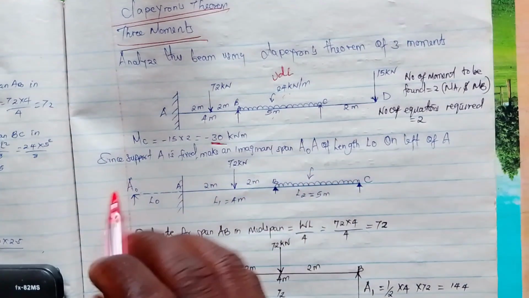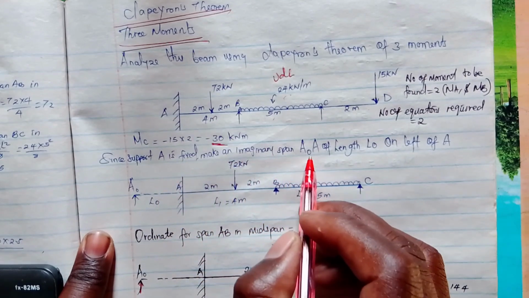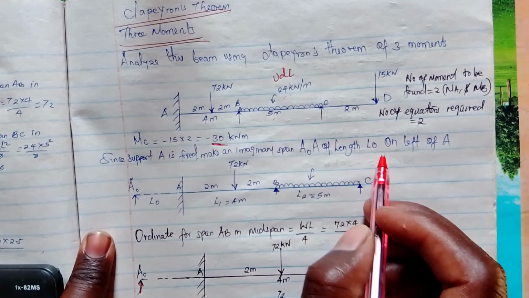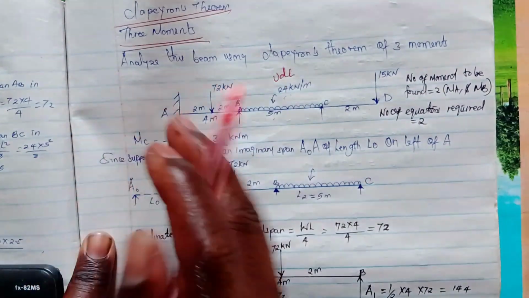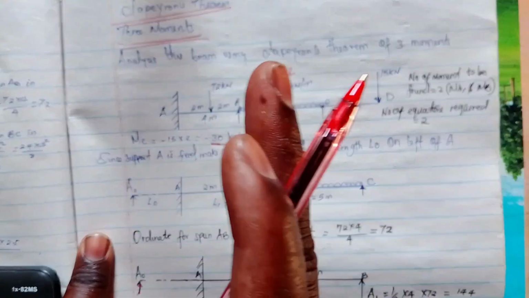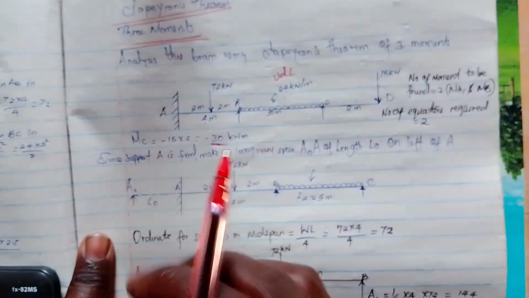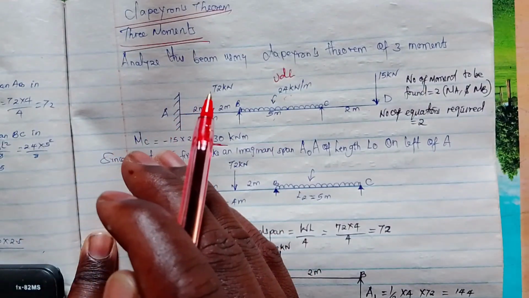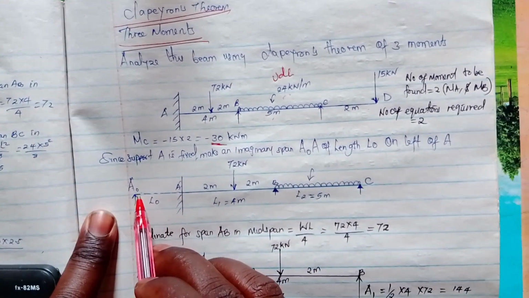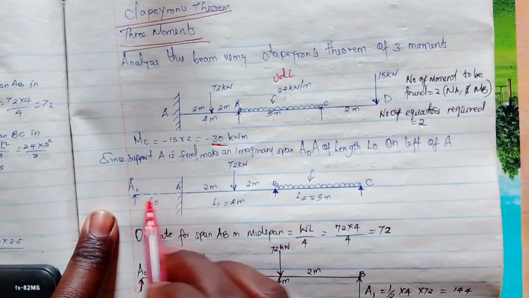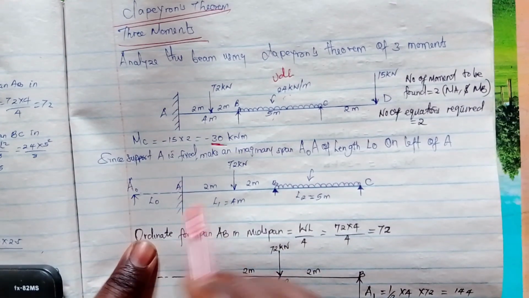Since support A is fixed, make an imaginary span A naught A of length L naught on the left side, because it is fixed. You can only form an imaginary span when it is fixed. Understand that? So we form an imaginary span A naught A.